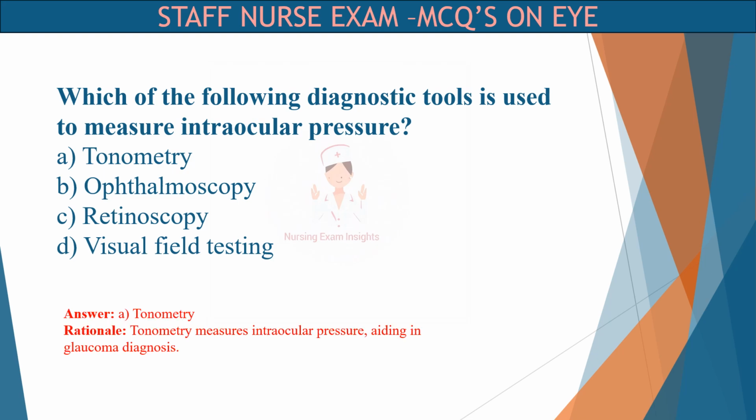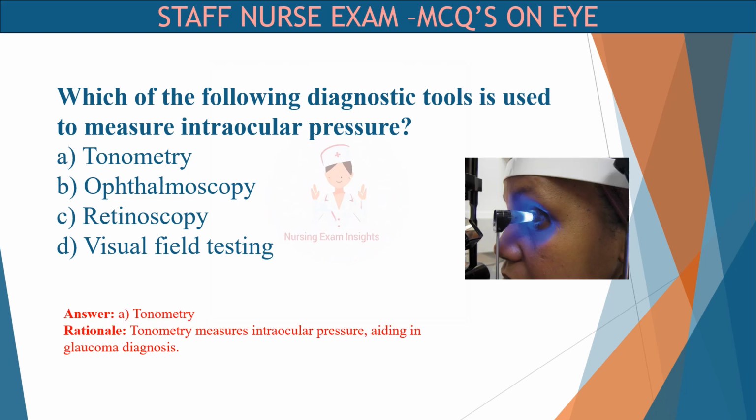The correct answer is A. Tonometry. Tonometry measures intraocular pressure, which usually aids in glaucoma diagnosis. The normal value of intraocular pressure, or IOP, is 10 to 21 millimeters of mercury.